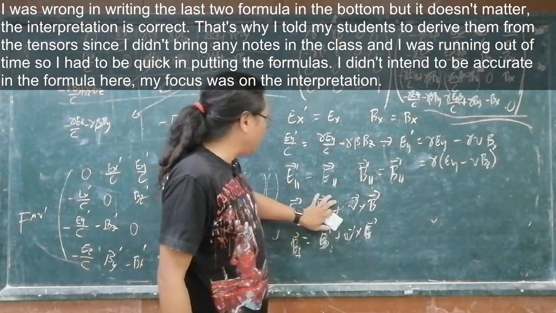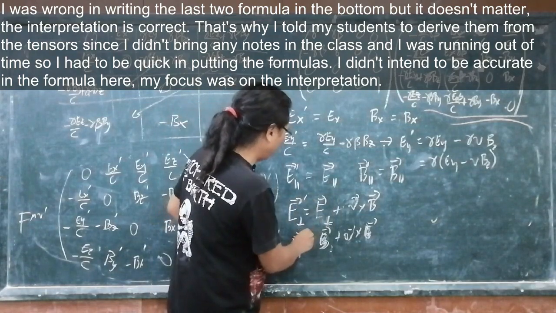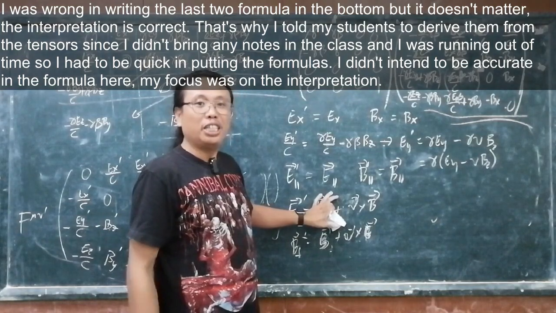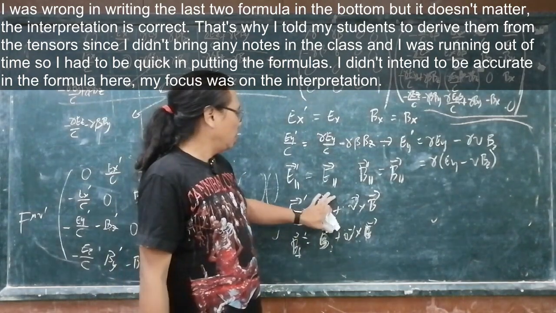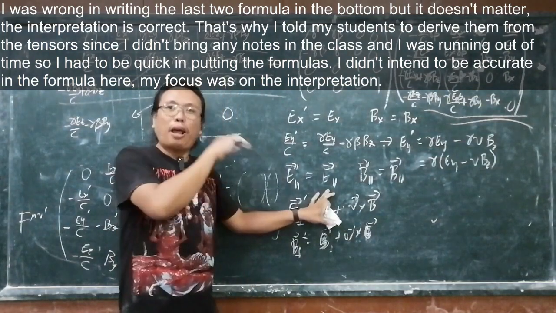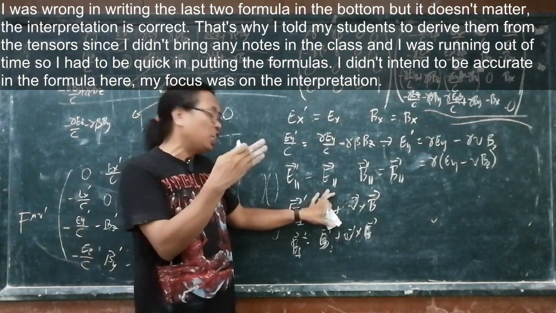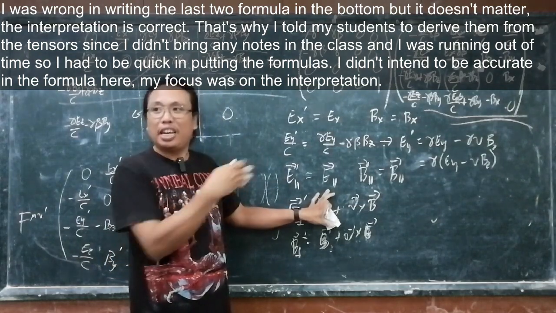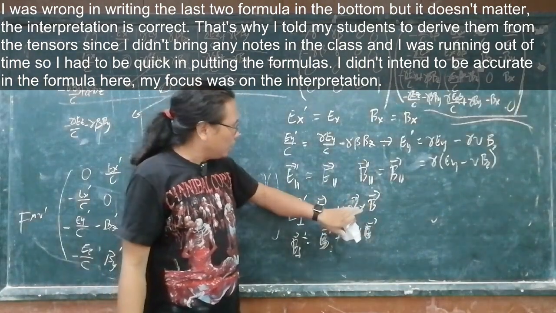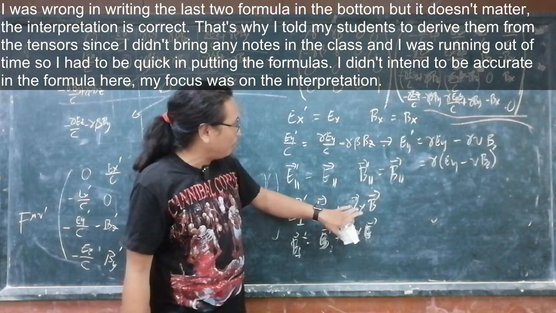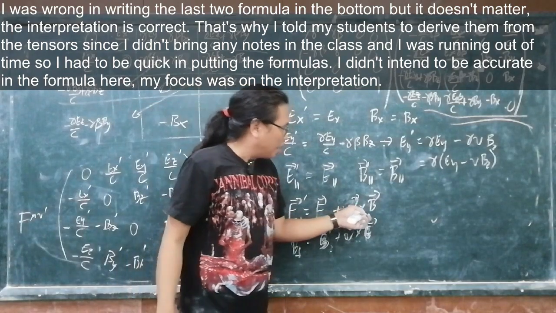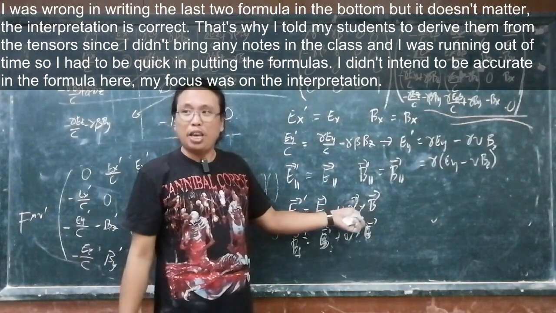When E perpendicular is 0 in S, then in S prime, due to the velocity, there's an electric field, and that's just equal to V cross B. So kindly check this one. I think this is around beta cross B, because I have no time to actually confirm this. I don't memorize the formula, but something like this. It's actually V cross B.